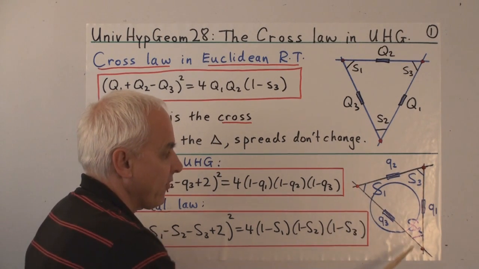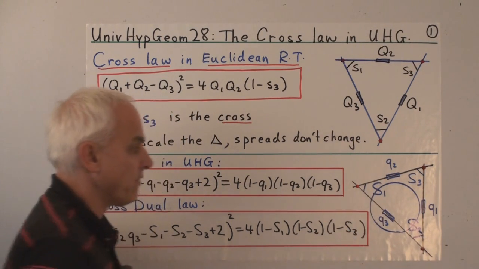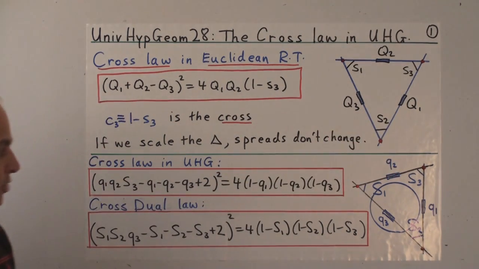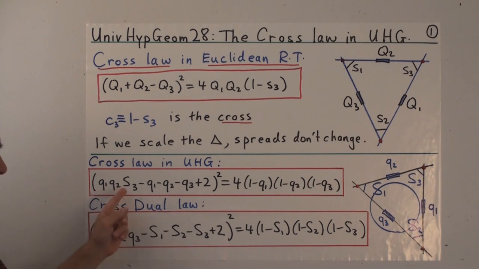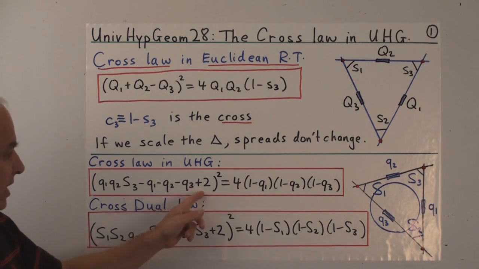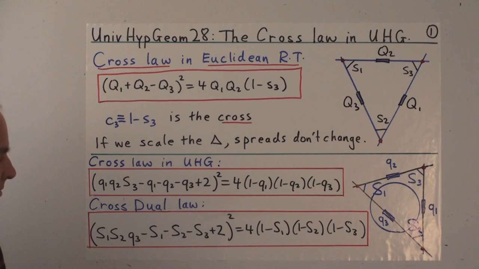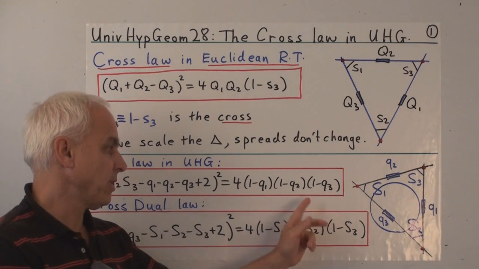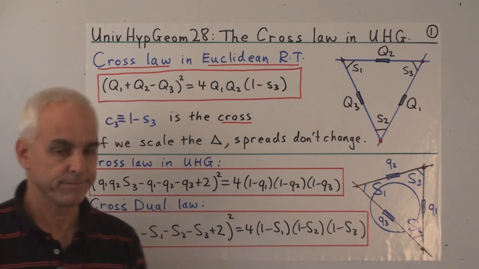Capital S's for the spreads, small q's for the quadrances, to distinguish it from the Euclidean case. And the relation is (q1 q2 S3 - q1 - q2 - q3 + 2) all squared is 4 times (1 - q1) times (1 - q2) times (1 - q3).